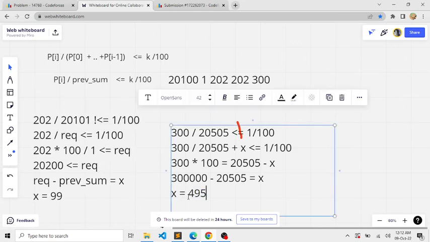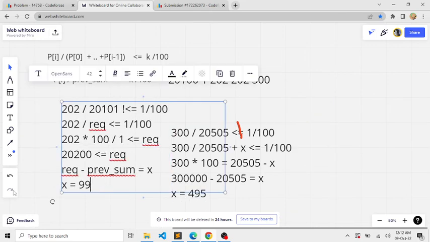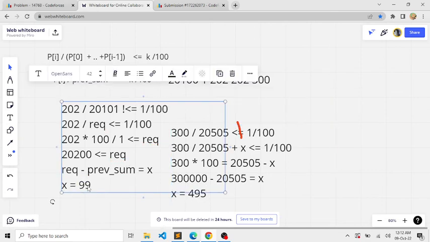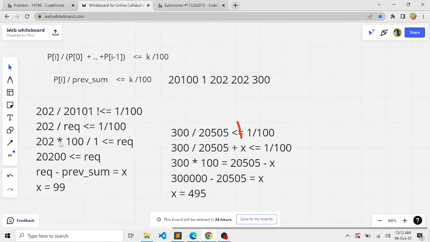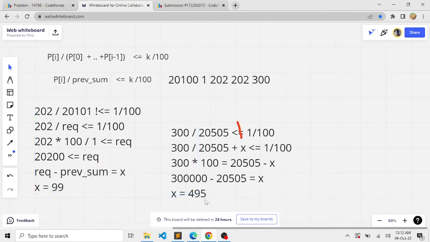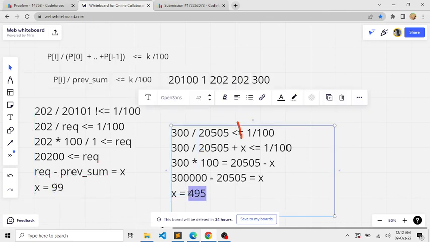So here we got the x value as 99, right? And here we got the x value as 495. Now if we take the value of x as 99, that is the minimum one, this would not satisfy the given condition. It would only increase the denominator by 99, but the required is 495. It would still need 386 values to be added.